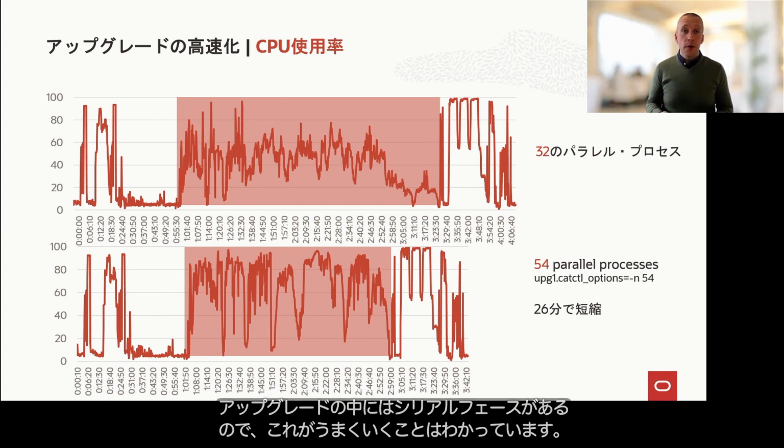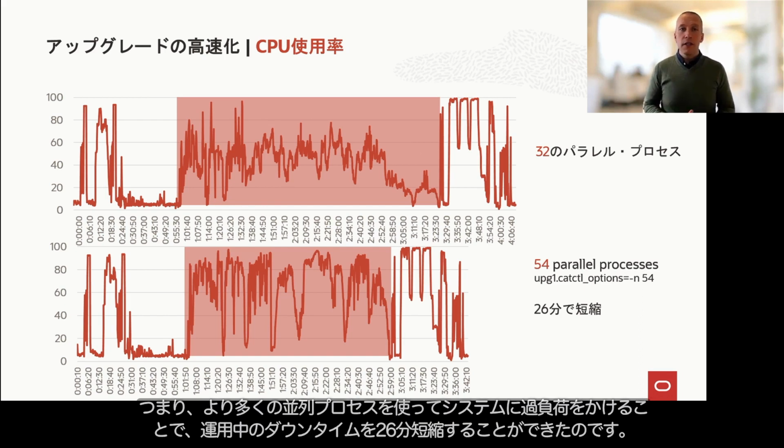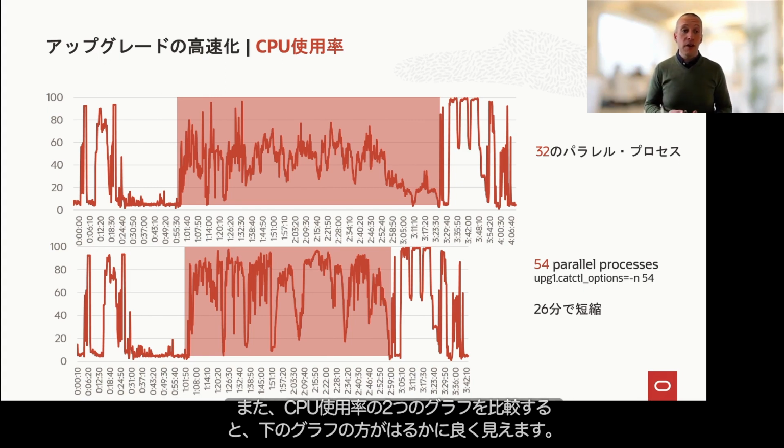We know this will work because some of the phases in the upgrade are serial phases. So even though the upgrade in a PDB has 2 or 4 parallel processors available, it'll only use one during that serial phase. So by overloading the system with more parallel processors, we could save 26 minutes of downtime during the upgrade. And if you compare the two graphs of the CPU utilization, it looks much better in the lower one.